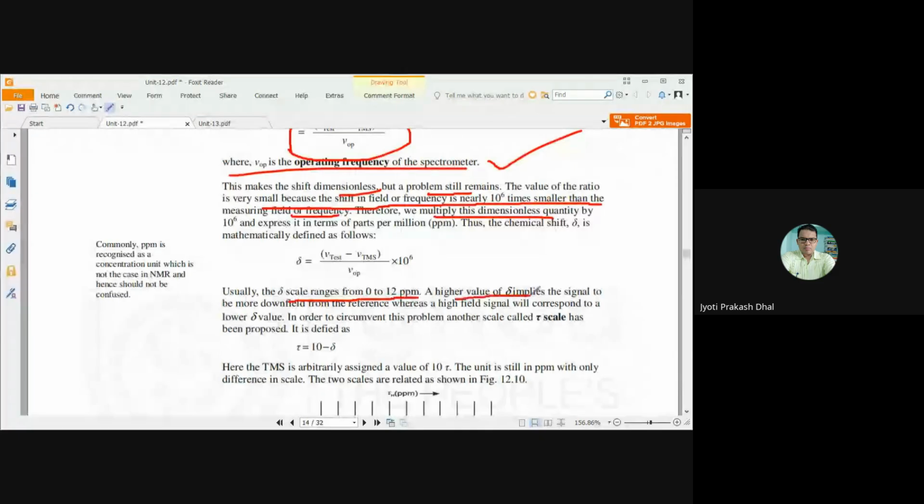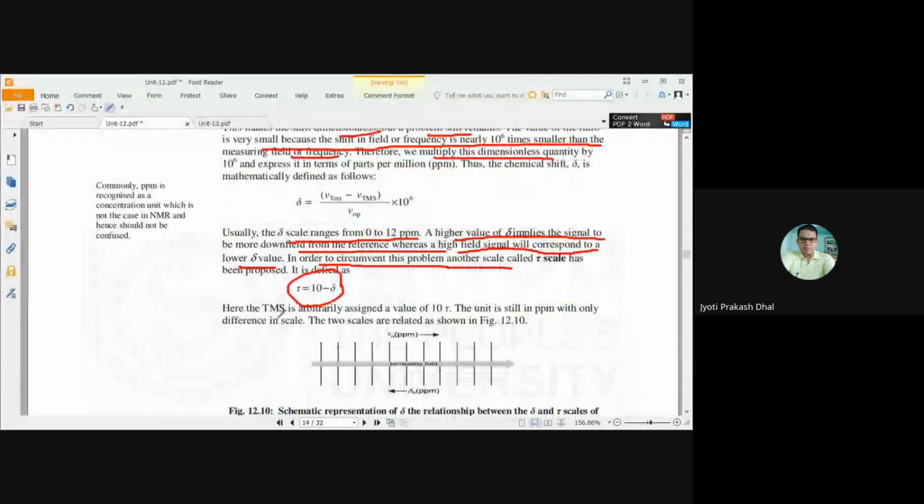A high delta value implies the signal is downfield with reference to TMS, and an upfield signal will correspond to a lower delta value. In order to circumvent this problem, another scale, the tau scale, is there. Tau equals 10 minus delta, and here TMS is arbitrarily assigned a value of 10 tau.